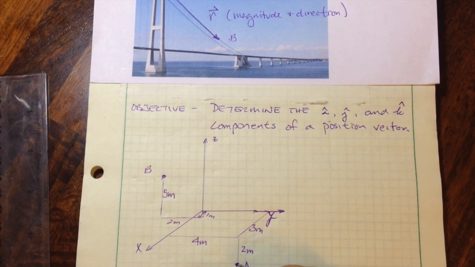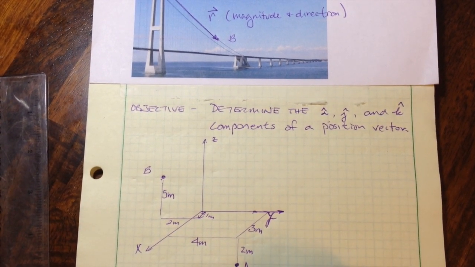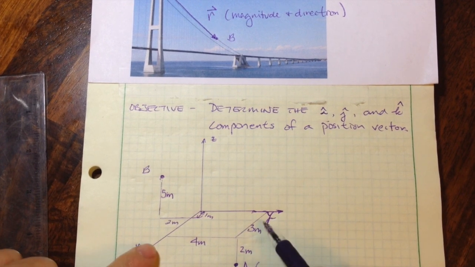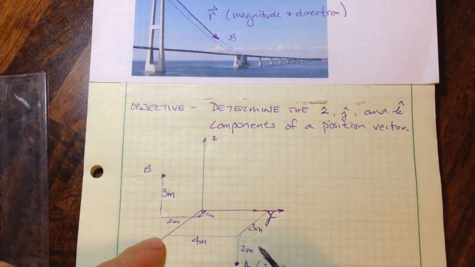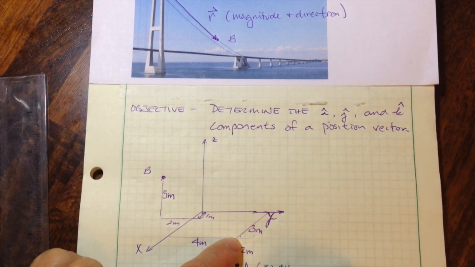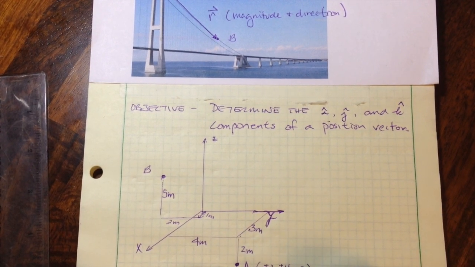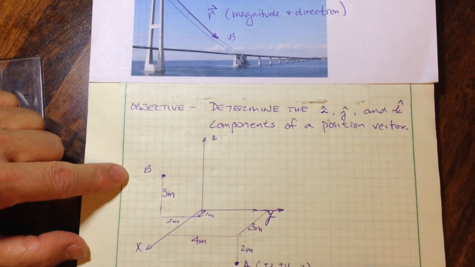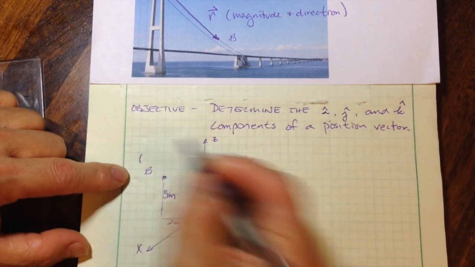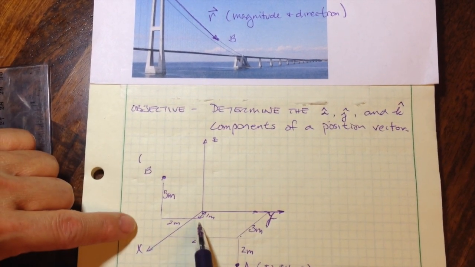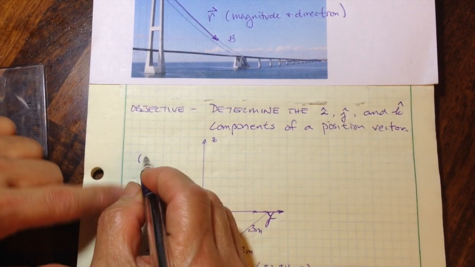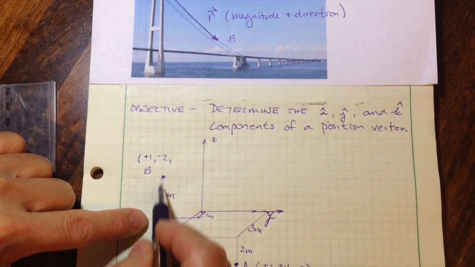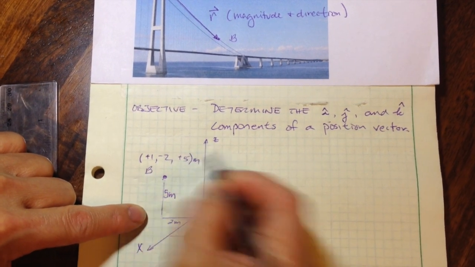So we can identify the position coordinates for A as positive 3 in X, positive 4 in Y, and negative 2 meters in Z. For B, the coordinates are positive 1 in the X direction, negative 2 in the Y direction, and positive 5 in the Z direction.